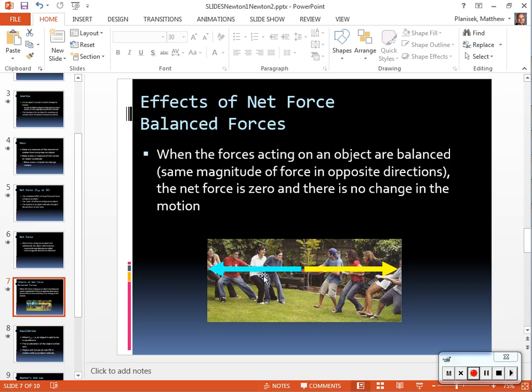So if this is 10 newtons to the left and this is 10 newtons to the right, negative 10, positive 10, total is 0. But it would also be the same if we had two 5 Newton forces to the left and one 10 Newton force to the right. Because when we do the total, negative 5, positive 10, that gives us 0 too. Okay? All right. Good with those ideas.